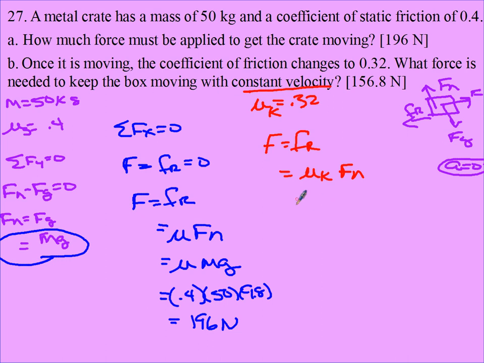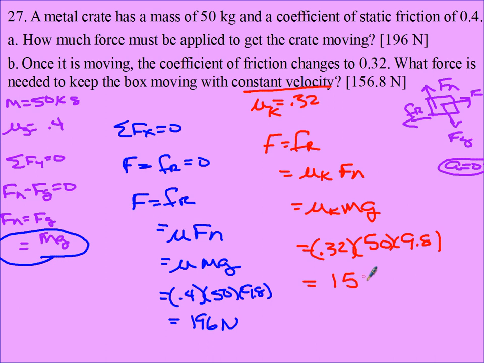So it's kinetic. So it's mu k, and the normal force is equal to mg. So my new mu k is 0.32. Mass is 50. G is 9.8. So now this is 156.8 newtons. So now the applied force needs to be only 156.8 newtons.